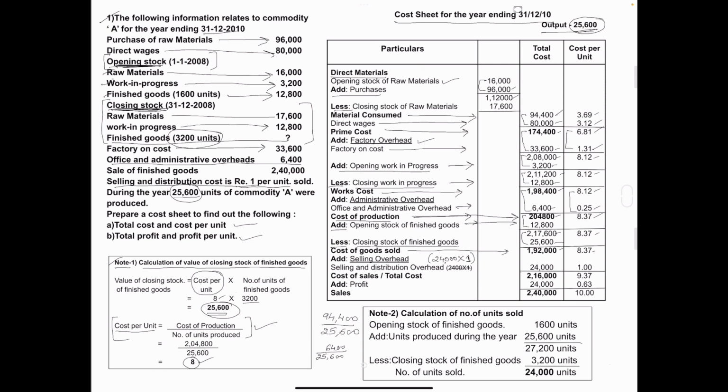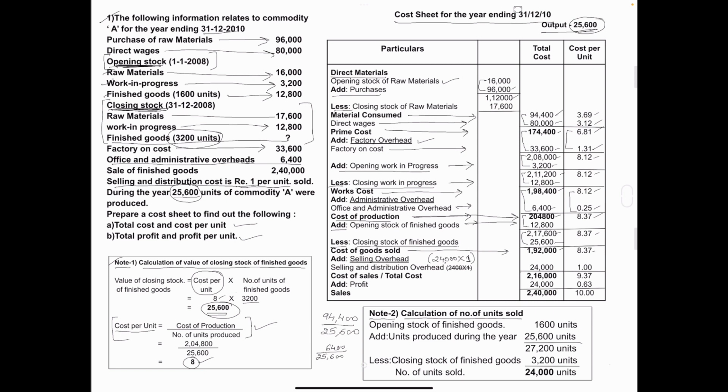Okay, in this problem they have given opening stock of raw material, closing stock of raw material, opening stock of finished goods, closing stock of finished goods, but they have not mentioned the number of units they have sold. But by taking the information from the problem, we can calculate the number of units sold. For that, we have to prepare note number 2, that is calculation of number of units sold.